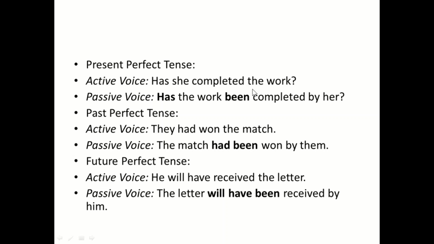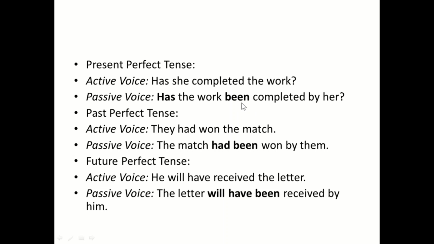Has she completed the work? Now this is a question form, but this one is the perfect tense, because when we are using has or have, already we are using the third form in our perfect tenses. Here we are asking the question, and you have to keep one thing in your mind, have and has is already there, or had for the past in perfect tenses. But while you are changing into passive, you have to use been.